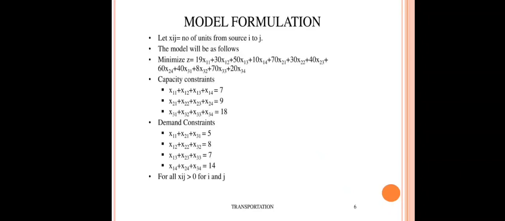Next we form the demand constraints, that means column wise: x11 plus x21 plus x31 is equal to 5, x12 plus x22 plus x32 is equal to 8, x13 plus x23 plus x33 is equal to 7, x14 plus x24 plus x34 is equal to 14. For all xij greater than or equal to 0, that means we take the non-negative restrictions.